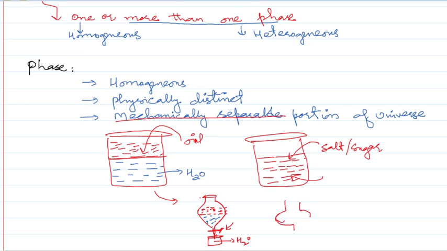In the second layer it will be only oil, so you can take this portion in the other beaker. So we have separated these two phases mechanically.